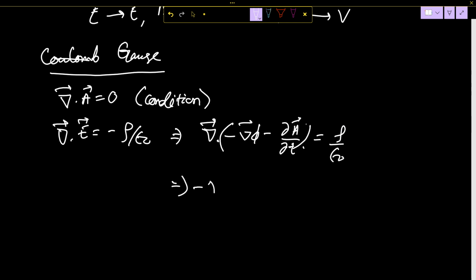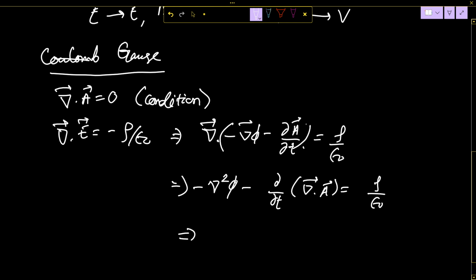That implies minus del square phi minus del by del T of del dot A is equal to rho by epsilon naught. That implies what will happen? See, del dot A is equal to 0.